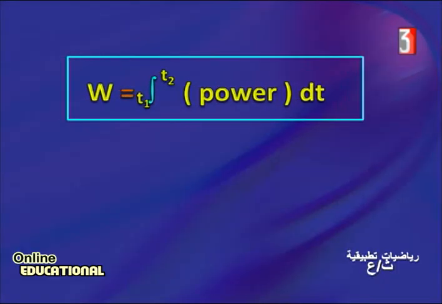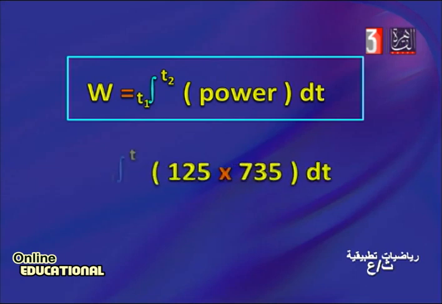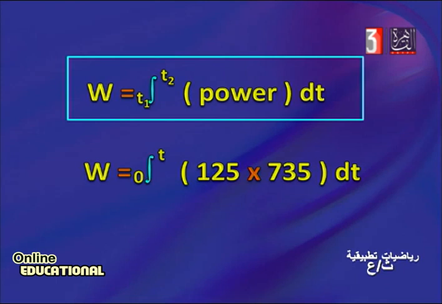We have the power equals 125 horse. Then the work W equals the integration of 125 times 735 dt with respect to t from 0 to t. Then the work equals 125 multiplied by 735 t.